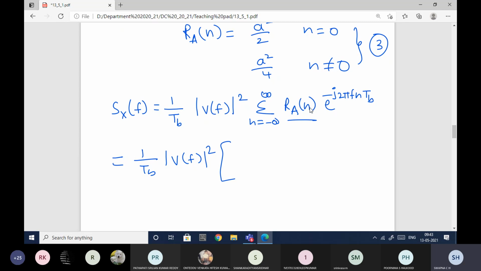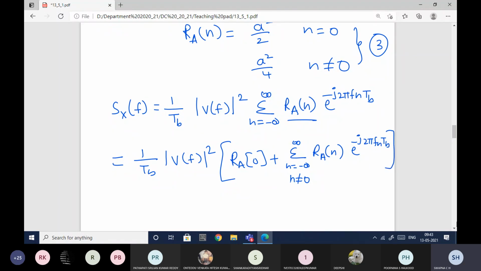First I'll take n is equal to 0. e power 0 will be 1, 1 into Ra of 0. It will be Ra of 0 plus summation n is equal to minus infinity to plus infinity, but here n not equal to 0 because I have taken n separately. So it will become Ra of n into e power minus j 2 pi f n TB.